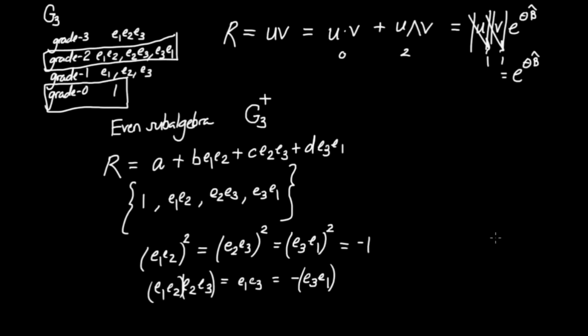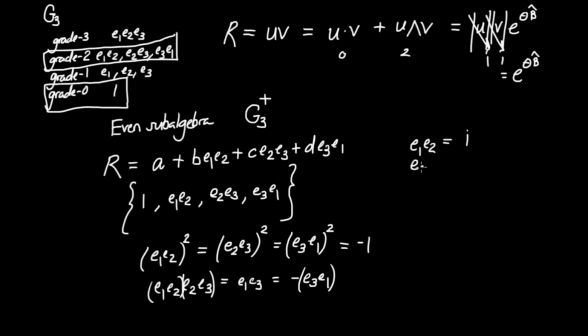Now check this out. Suppose I renamed these 3 basis bivectors in the following way. Let me take E1E2. Let me call that i, little i, not to be confused with big I, which is the notation I'm using for the pseudoscalar E1E2E3.